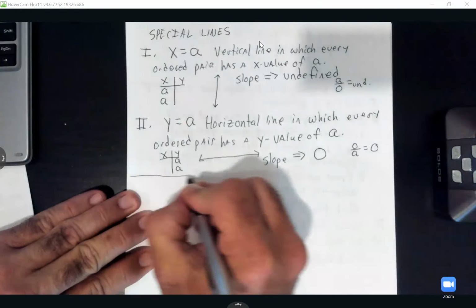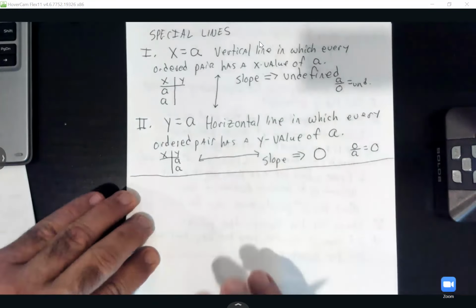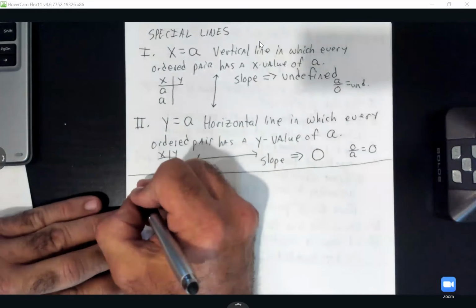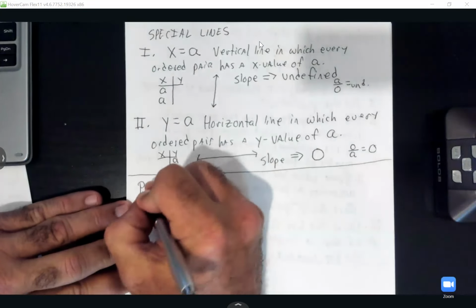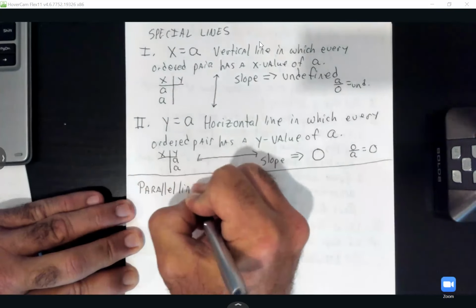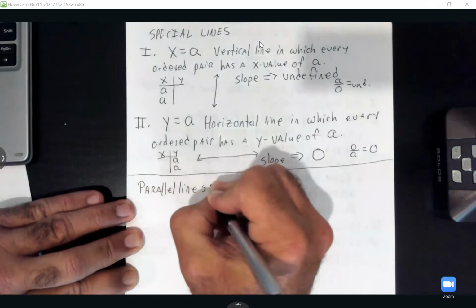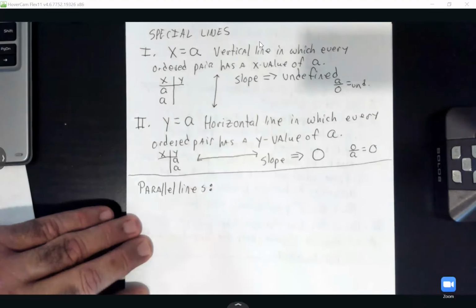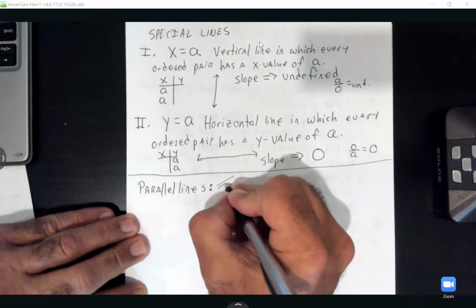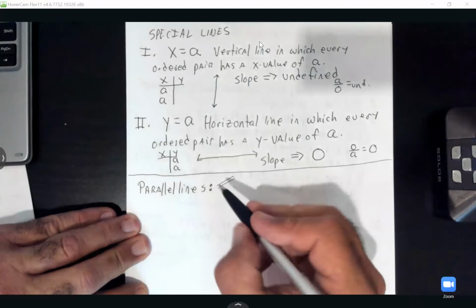All right, y'all. So the last topic in this section deals with parallel and perpendicular lines. So let's look at parallel lines. So remember, parallel lines are lines that sort of look like they're doing the same thing.